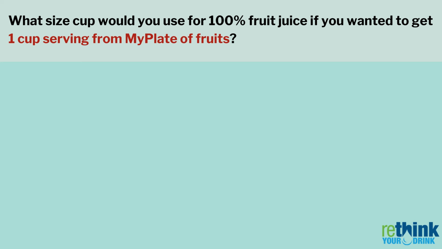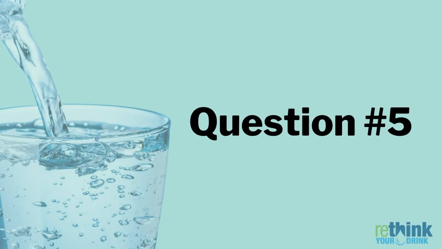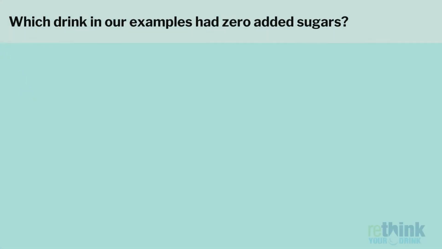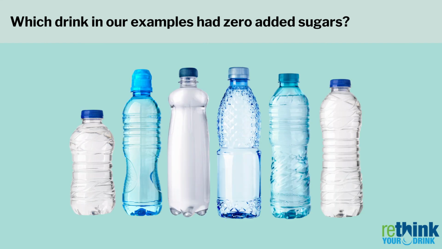The answer is an 8-ounce cup. 8 ounces of 100% vegetable or fruit juice or smoothie counts as 1 cup of vegetables or fruits, and 8 ounces of low-fat milk or milk substitutes count as 1 cup of dairy. Question number 5. Which drink in our samples had 0 added sugars? The answer is water.